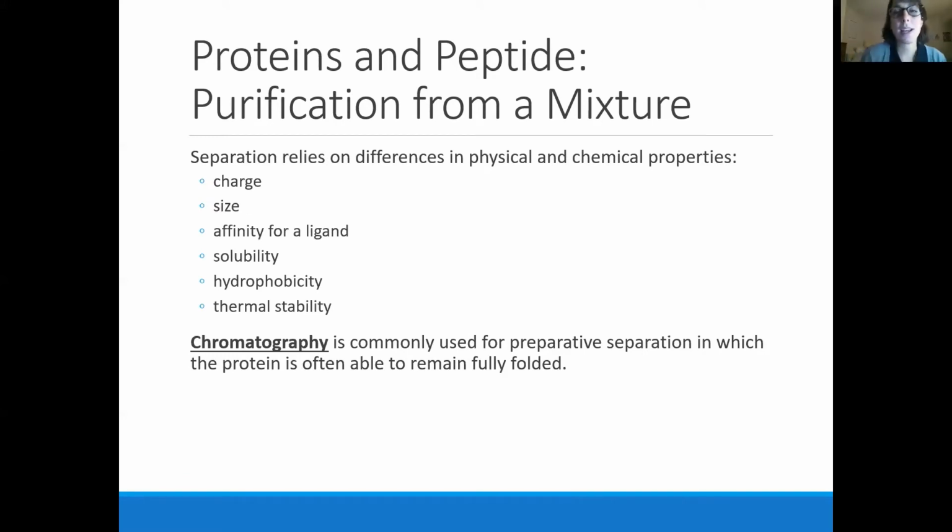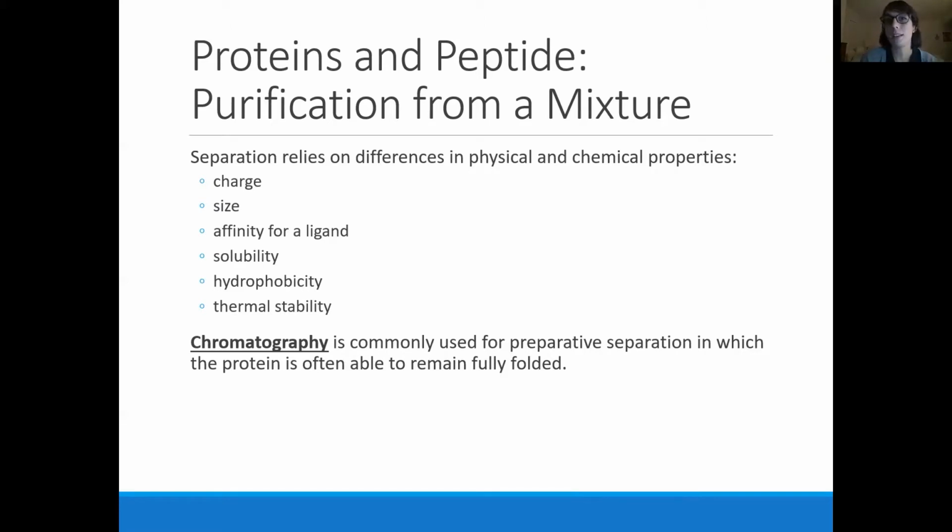Usually, we separate peptides and proteins based on their physical or chemical properties. In particular, we use the charge of the whole peptide or protein, the size, so its molecular weight, its affinity for some specific other molecule. This is what I was mentioning about fishing.